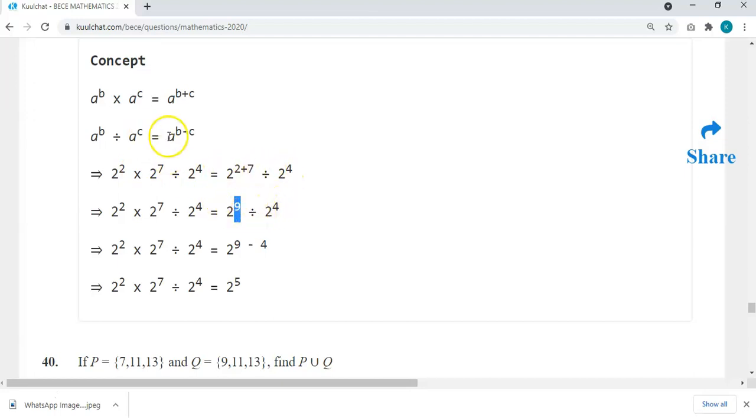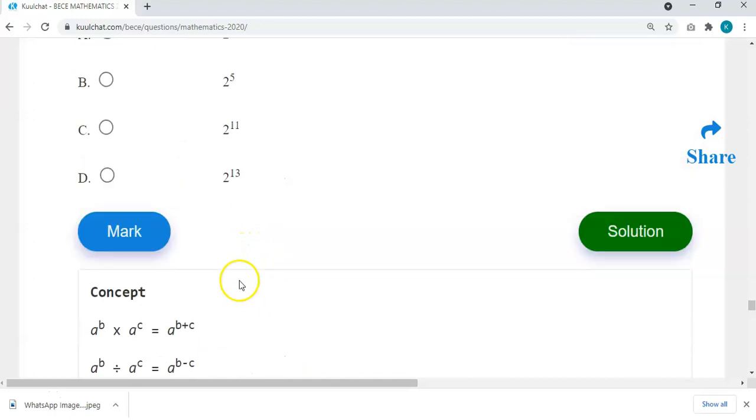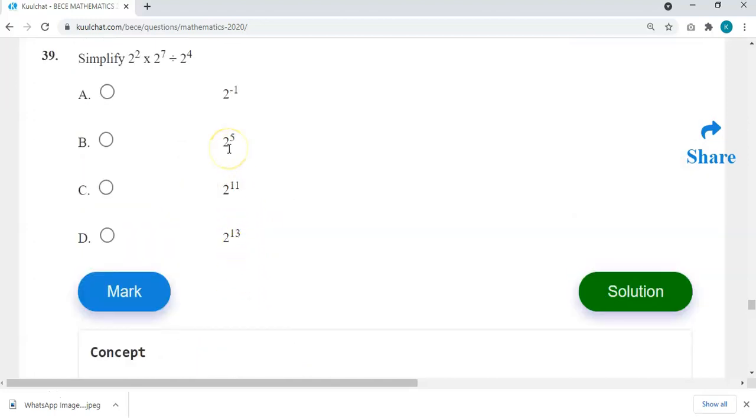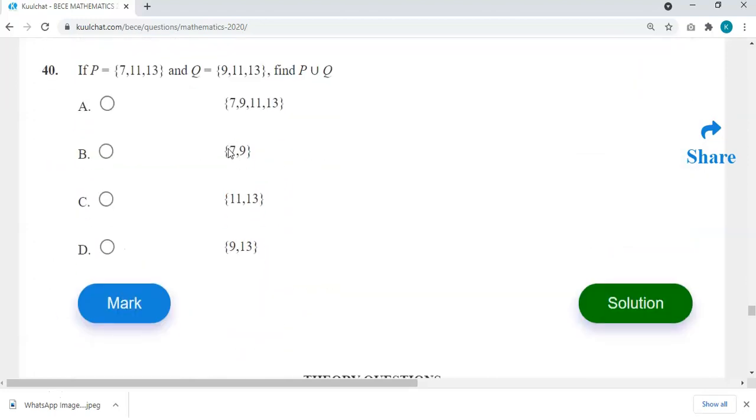Now if they are dividing, you use this concept. You have the power of the top one, then minus the power of the bottom one. So 9 minus 4 is 5. So we get 2 to the power 5, which is this one.